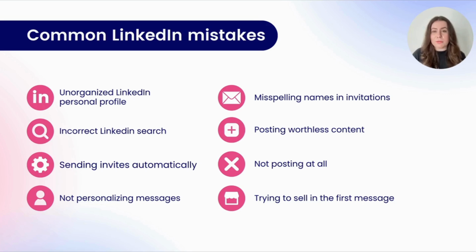Not posting at all is also a mistake. I think now you know how to do that too. And trying to sell in the first message. It's never a good strategy to offer something right away because you're not really sure if that person needs it. Instead, there are many other ways to go about this, but that's why we have another course. If you want to learn about sales, definitely check it out.